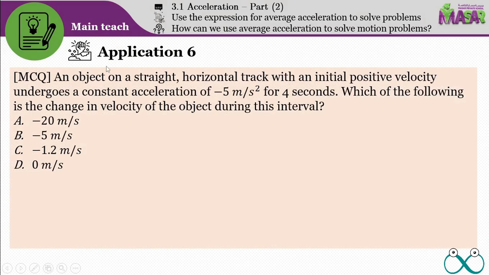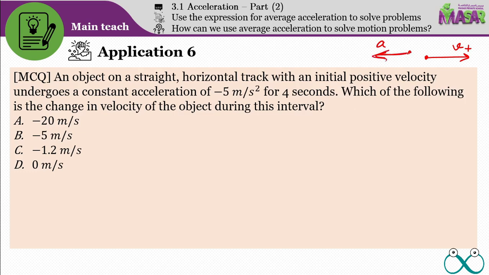Now this is application 6. An object on a straight horizontal track with an initial positive velocity undergoes a constant acceleration. So here the velocity is positive, the acceleration is negative, so it's directed to the other side.